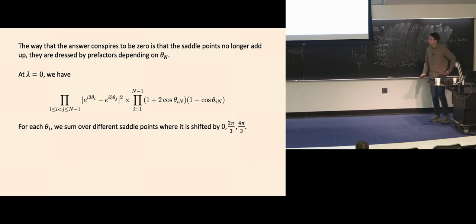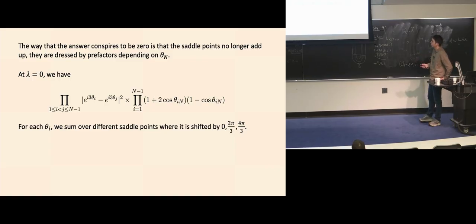Now, the way that the answer finally conspires to be 0 is that the saddle points no longer add up. They are instead dressed by prefactors depending on theta n. So individual saddle points don't vanish, but they now come with oscillating signs, and their sum becomes 0.